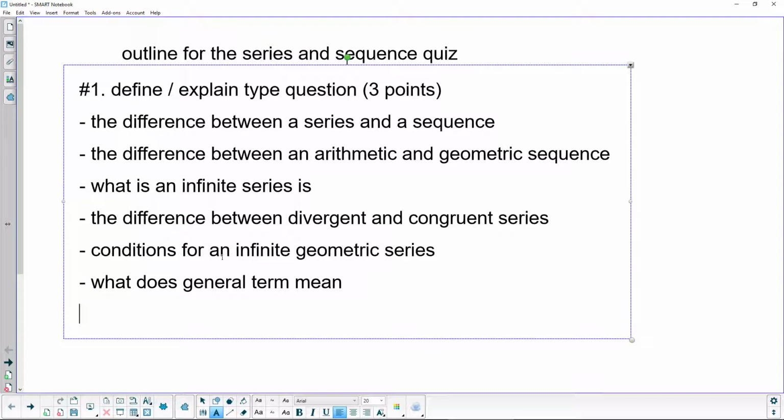Question number 2. Okay, question number 2 is a series and sequence are shown. So there'll be a list of some series and sequences.